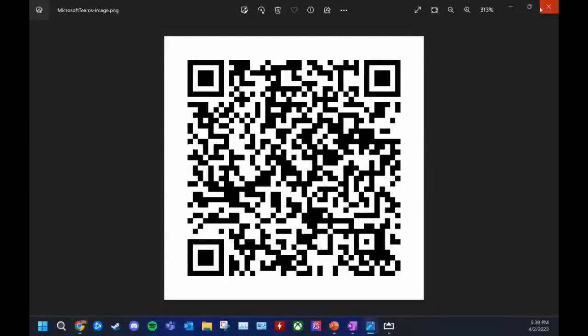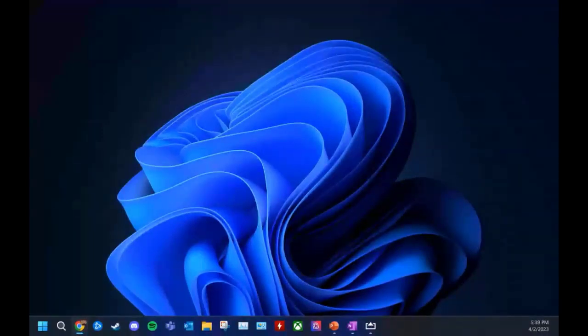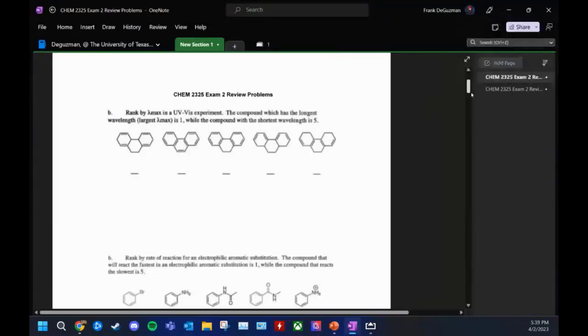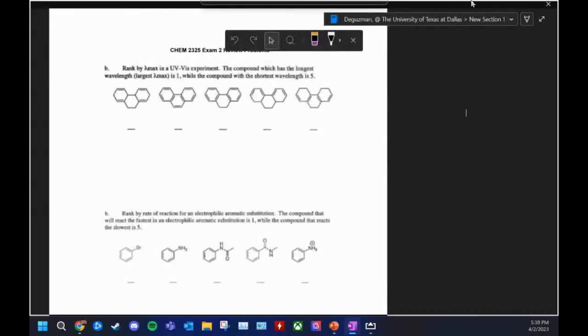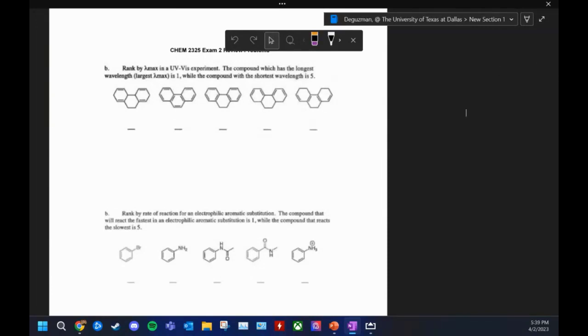Share screen. Let's do this. OneNote. Okay. Or actually, I have my own little sheet.